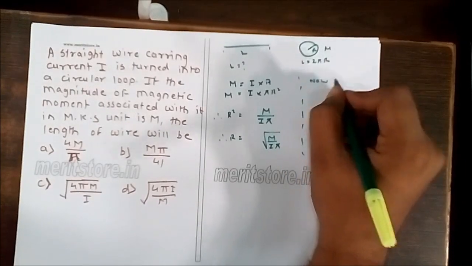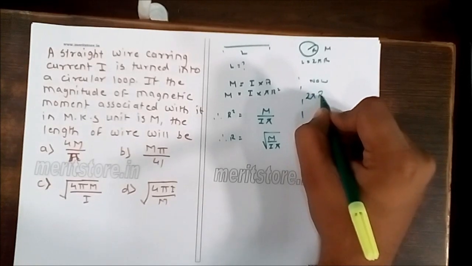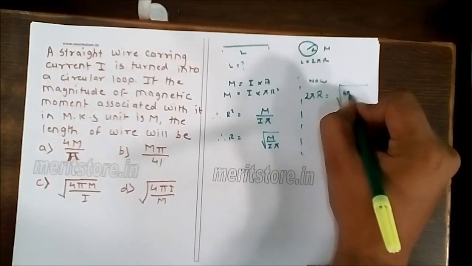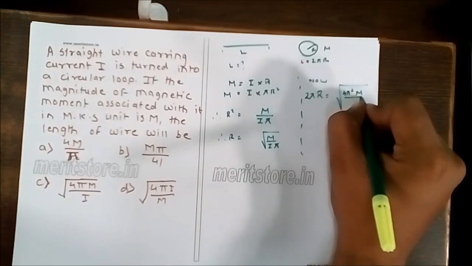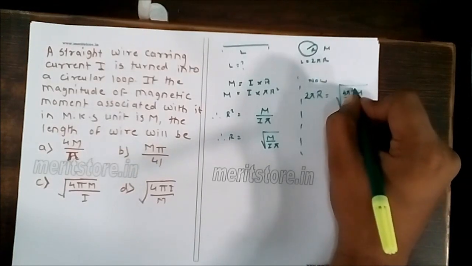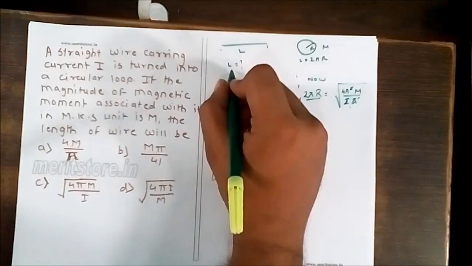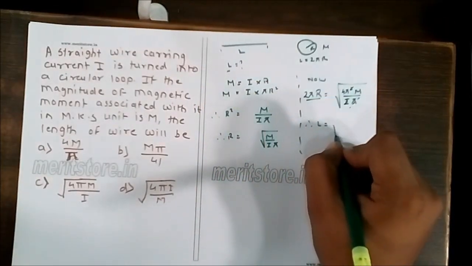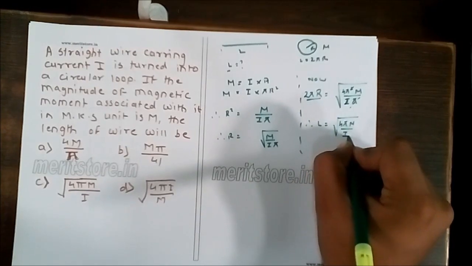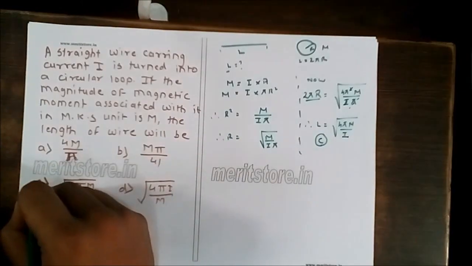Now if I multiply both the sides by 2 pi, this becomes 2 pi r, and this becomes 4 pi square m upon I into pi. Pi and square will get cancelled, so therefore 2 pi r is nothing but length, so L is equal to 4 pi m upon I. Option C.